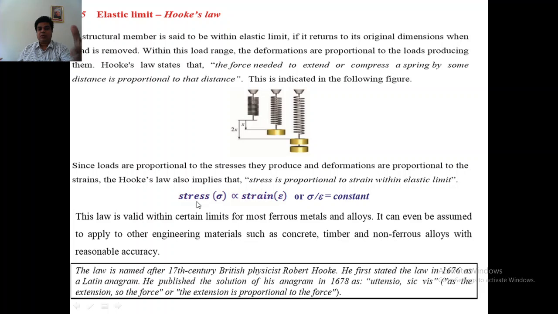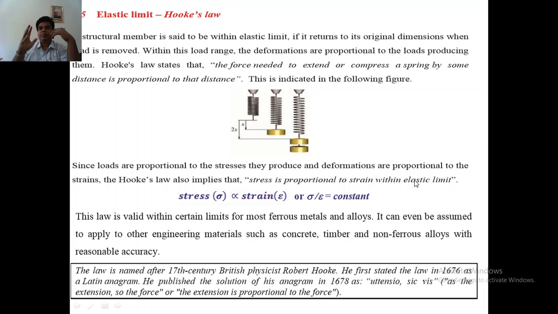Just now we saw what is stress and what is strain. Whenever you apply load on the material, there will be stress and strain in the material. If the load is within the elastic limit of the material, then we can apply Hooke's law. So what is Hooke's law? Hooke's law states that stress is proportional to the strain within the elastic limit. This is important.